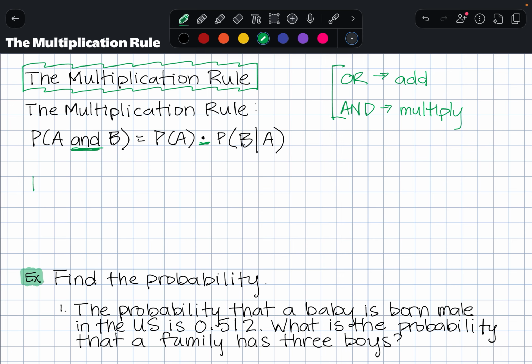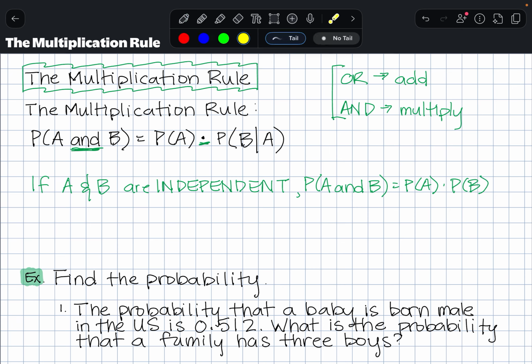If A and B are independent, this rule becomes simpler because we know that B given A is just the probability of B. So if two events are independent, then the multiplication rule is that P(A and B) is just P(A) times P(B).